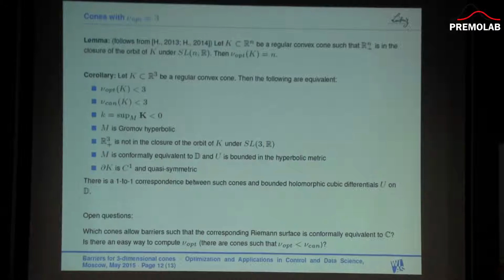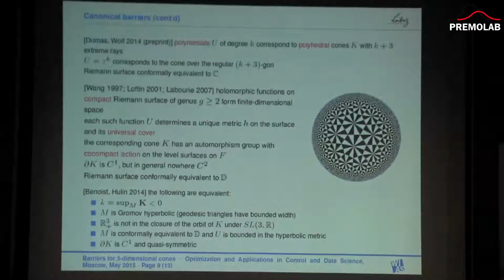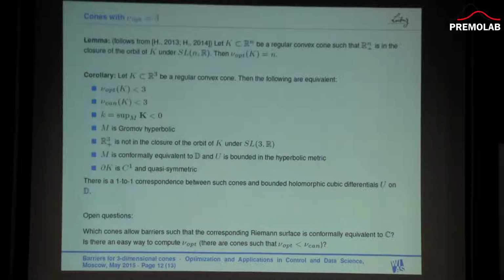If not, then it's smaller than 3, and then you get all these equivalent conditions which have been proven here by Benoist and Hulin. So all three-dimensional cones with optimal barrier parameter smaller than 3 are characterized by these equivalent conditions. So the geodesic triangles have a finite width.